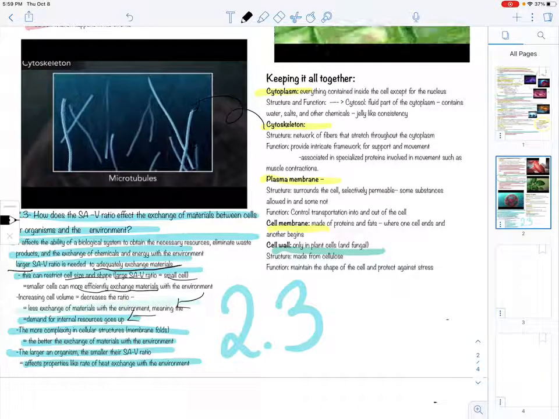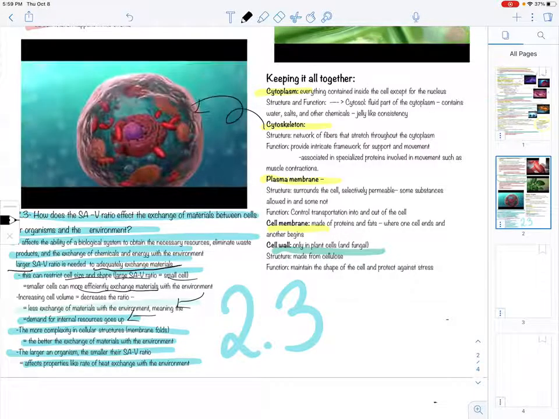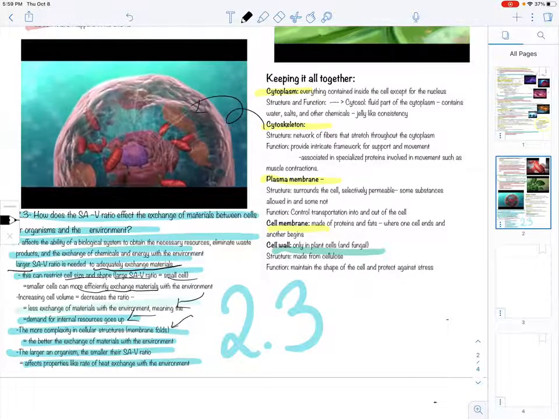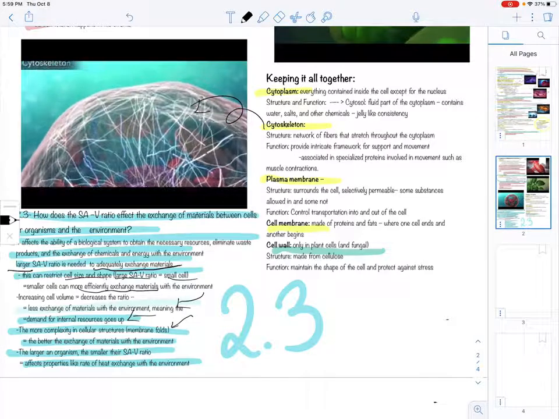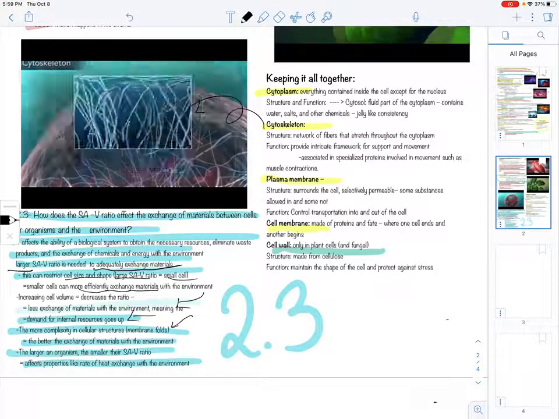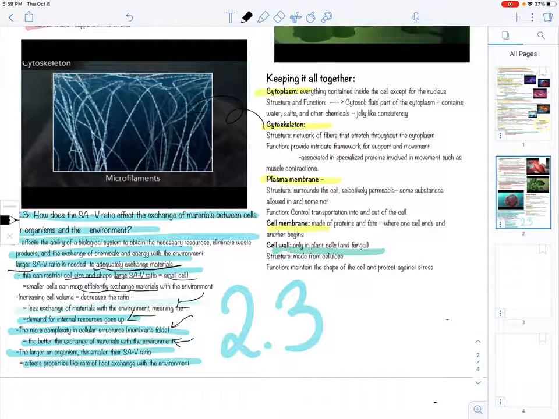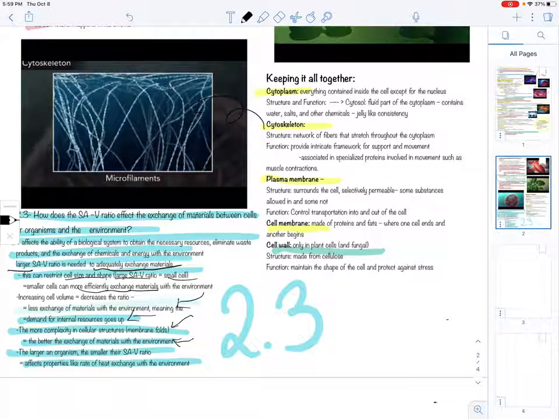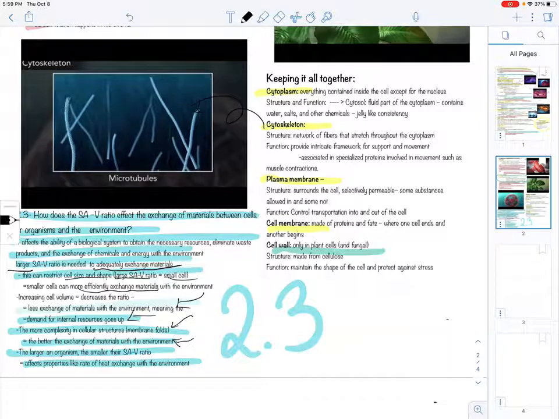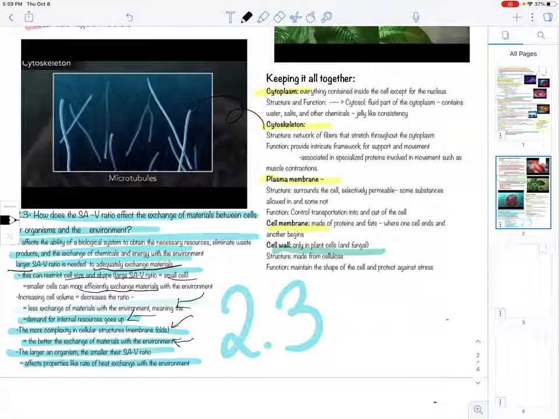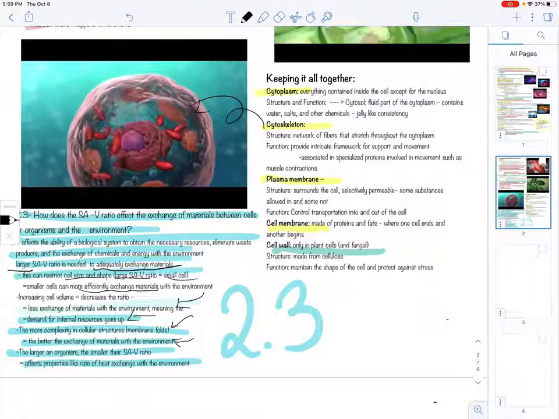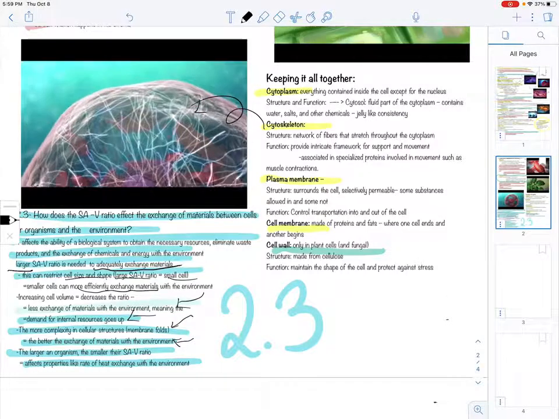The more complexity we have in our cellular structure, meaning folds, the better exchanges we're going to have of materials with the environment. So, for example, mitochondria, the more folds you have, the more ATP you can produce. Chloroplast, the more stacks you have, the better it can do photosynthesis.